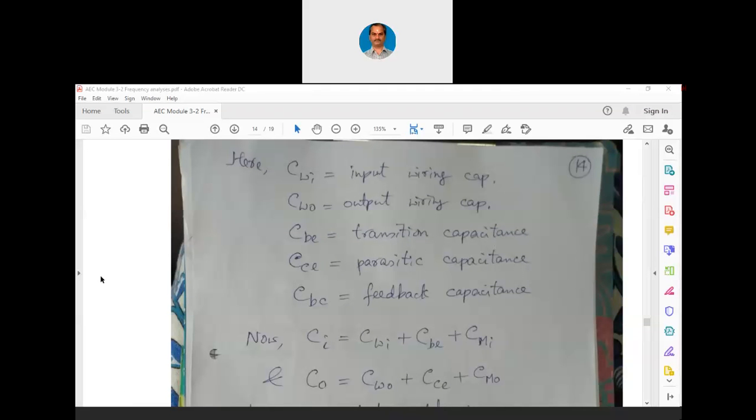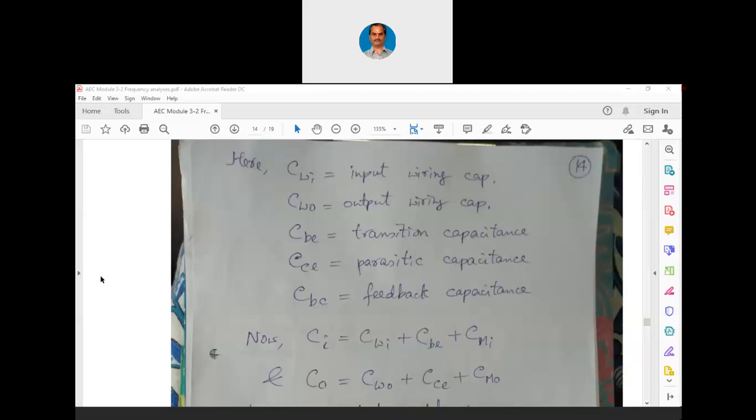In fact, when the diode is forward biased, the capacitance that is occurring across the depletion region, that is called transition capacitance. When the diode is reverse biased, the capacitance that is occurring across that junction is called junction capacitance. These are typical technical terms. So here CBE is the transition capacitance.